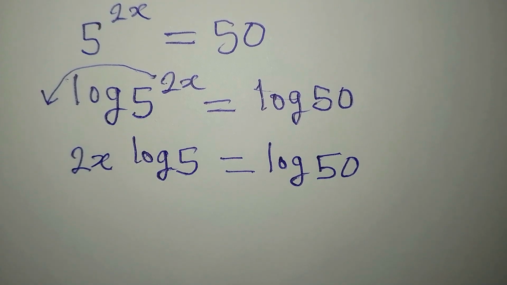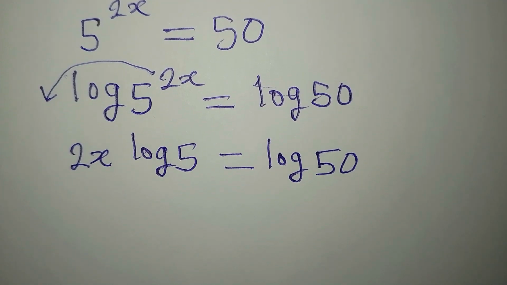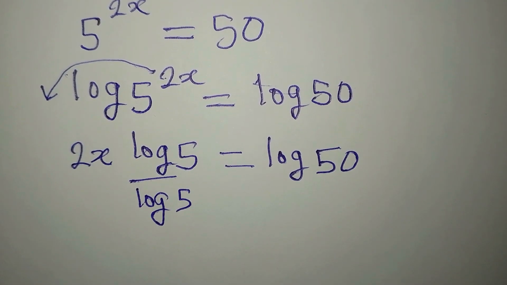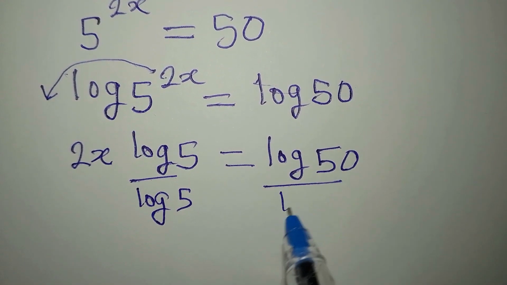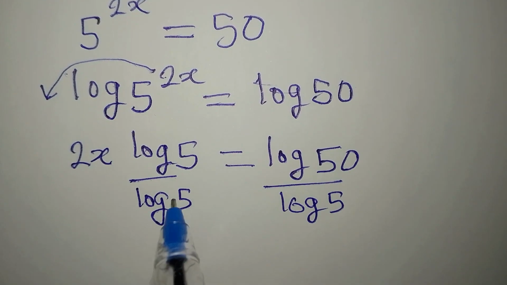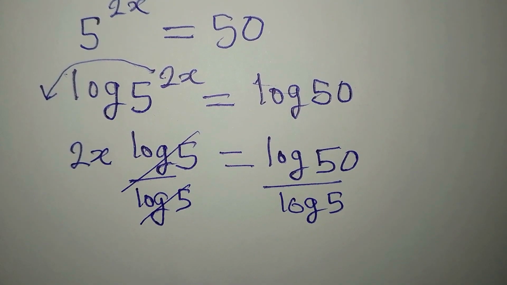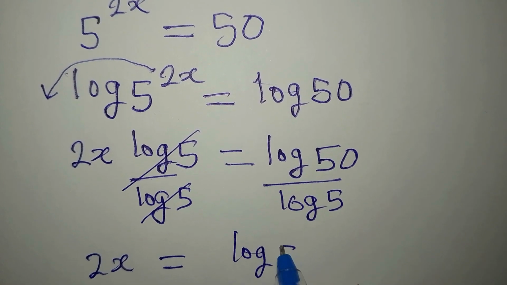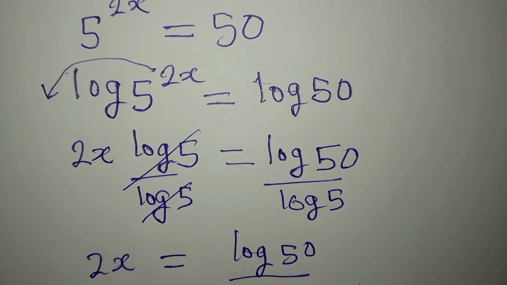From here, we can divide both sides by log 5 so that we get 2x as the subject. Now 2x is alone and it will be equal to log 50 divided by log 5.